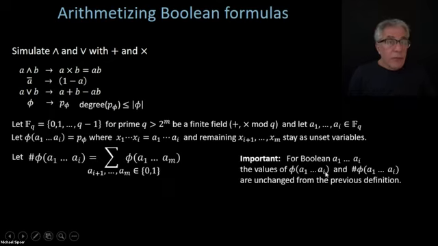What's important is that if I happen to put Boolean values in now, then phi and number phi give the same values as they would have before, because the polynomial acts identically to the formula on Boolean values.